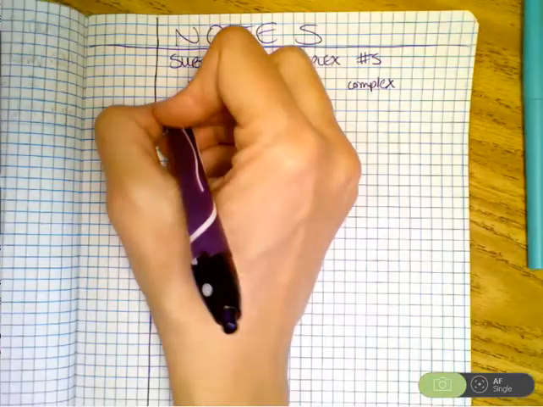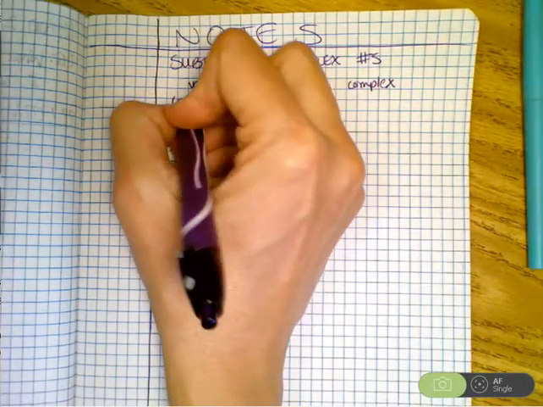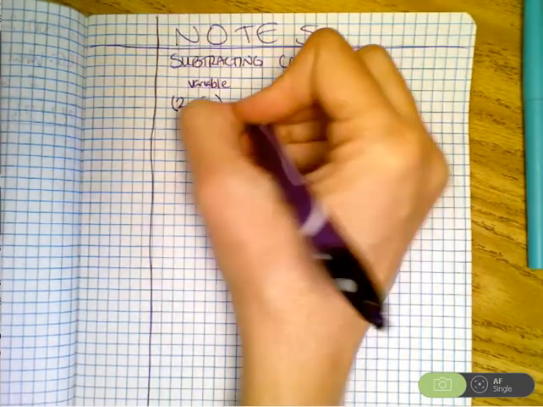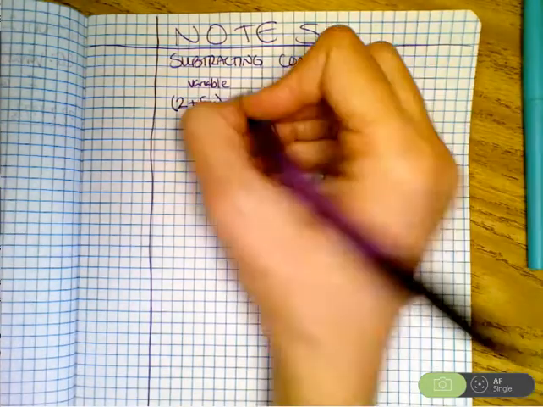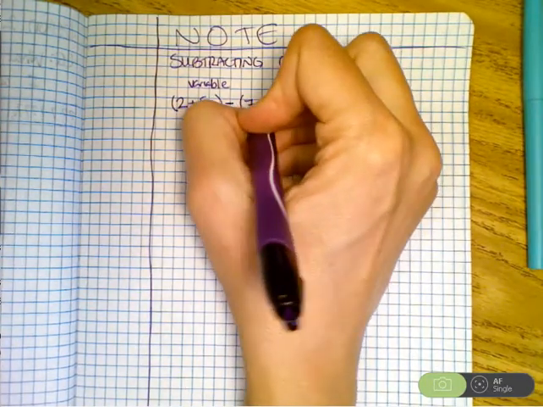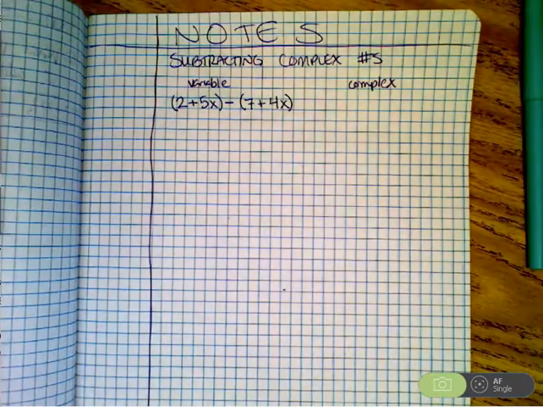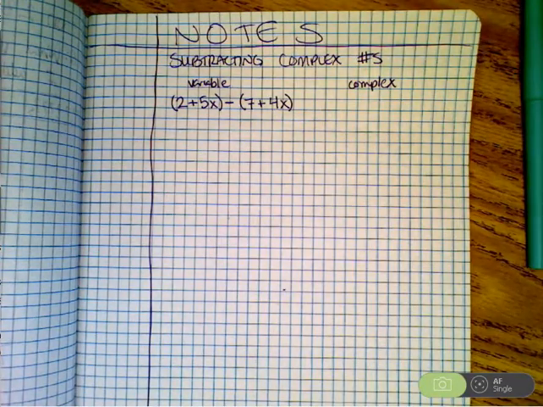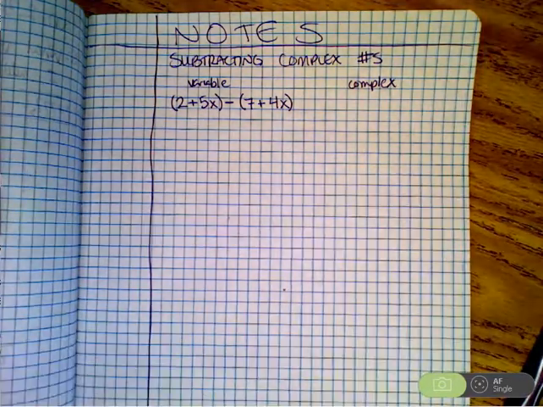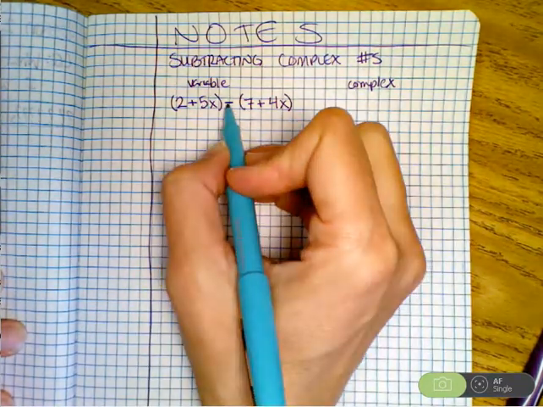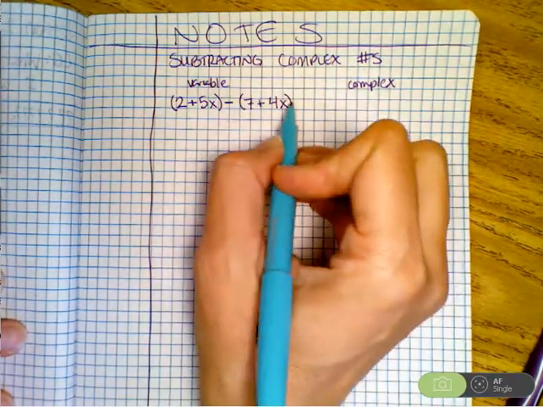So our variable example, we might have something like 2 plus 5x minus (7 plus 4x). And depending on how you learned Algebra 1, you may or may not at some point have learned that when you subtract something in parentheses, you're really adding the opposite of what's in parentheses.